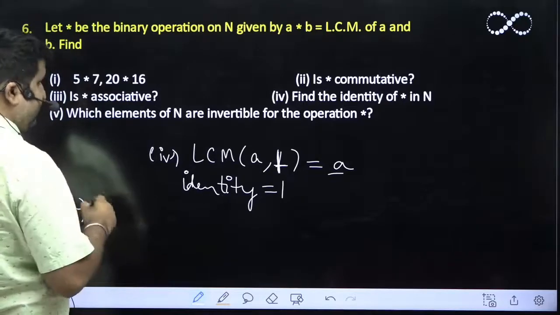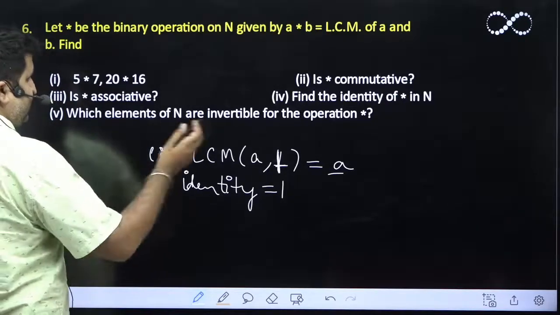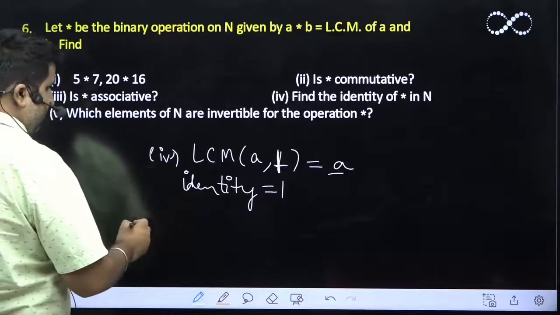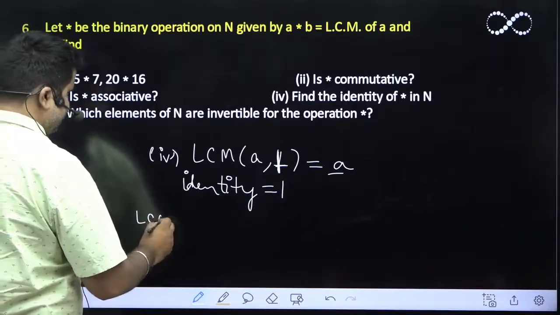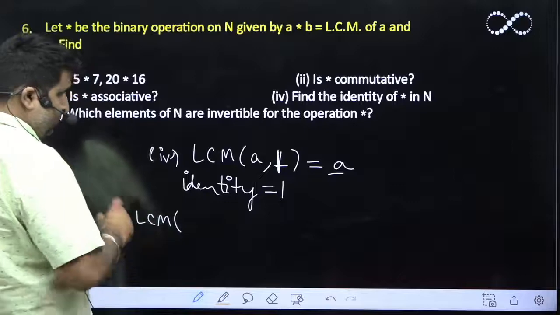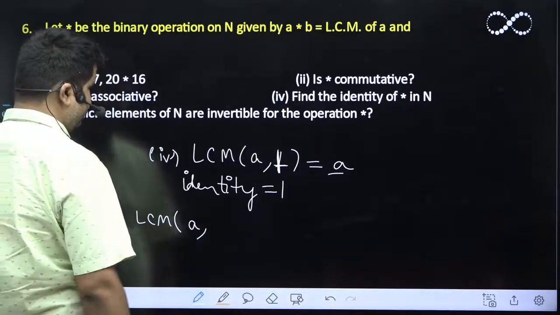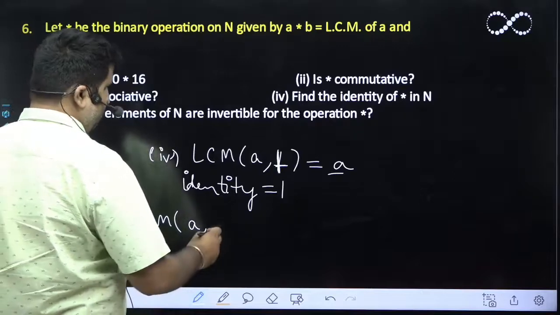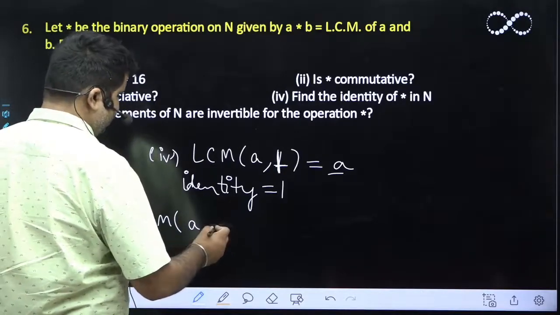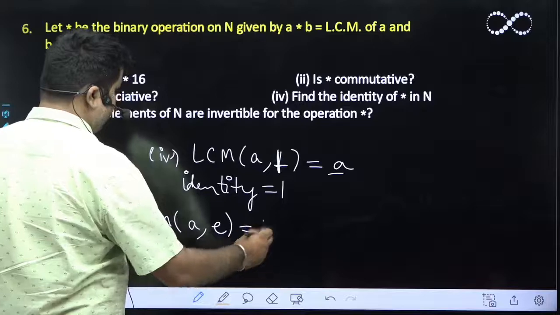For which of the following elements of N are invertible for the operation? So we have to see for which of the elements of N it is invertible. So what do we mean by invertible? LCM of a number and some other number E is equal to the identity, 1.